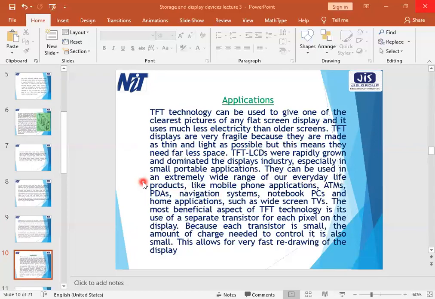They can be used in an extremely wide range of everyday products like mobile phones, ATMs, PDAs, navigation systems, notebooks, PCs, home applications, widescreen TVs. Everywhere they can be used and they are used.